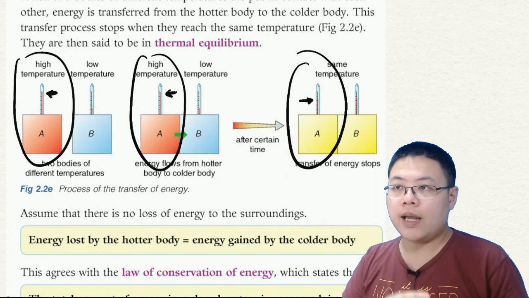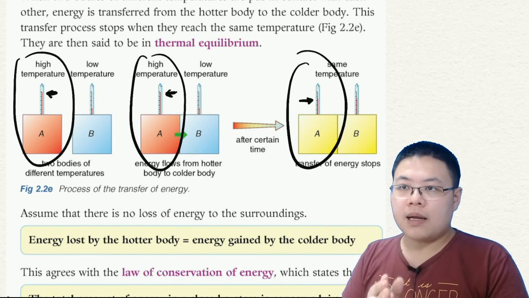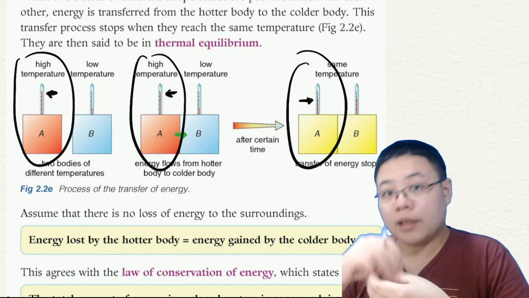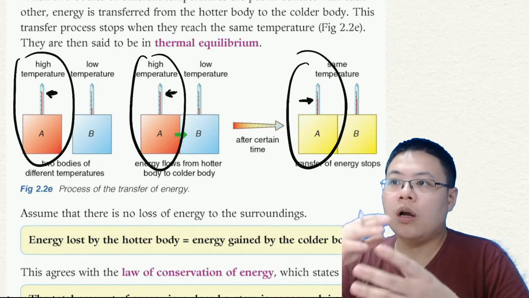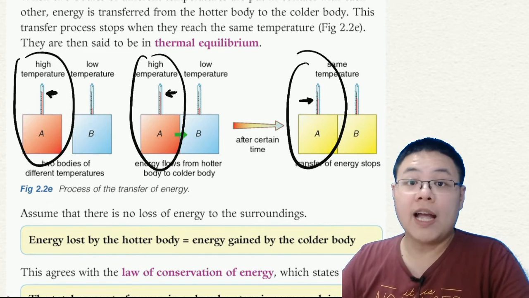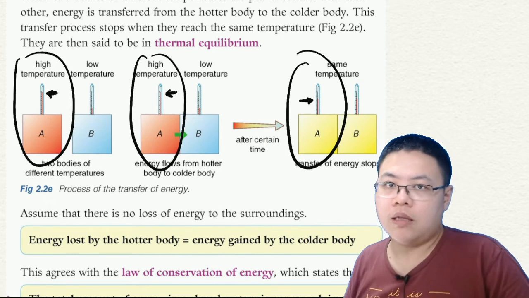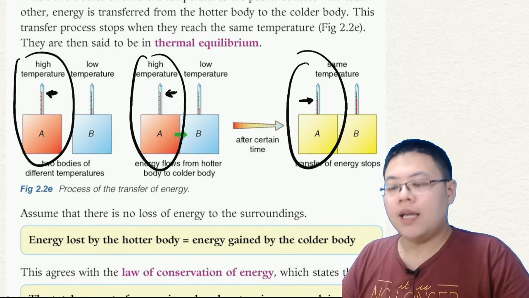Q equals mc delta T. Using the mass of this object, the c, specific heat capacity of this material, and the delta T, the amount of temperature change of object A, we can already calculate how much energy is lost by object A.